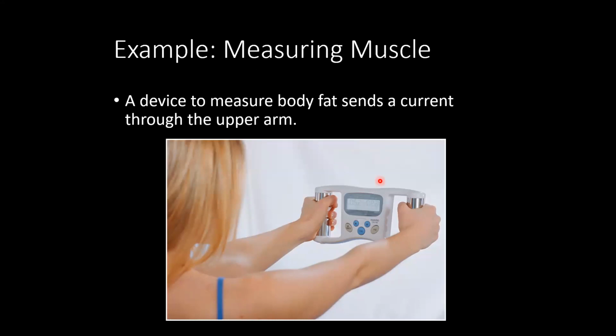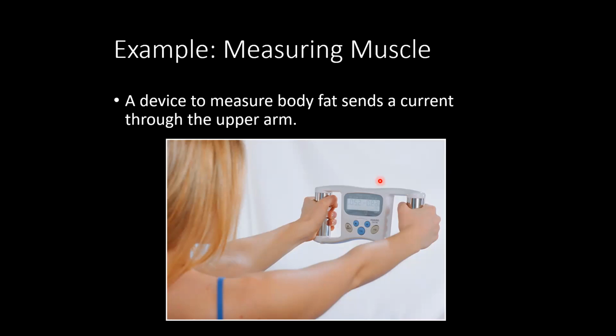I don't know if you guys have used it before, but I used something like it before all the gyms closed down. I put my hands on these metal holders, and then I also had to go barefoot and put my feet on these metal contacts. What that did is it shot a current through my body, and from analyzing the current it's able to tell you how much body fat you have.